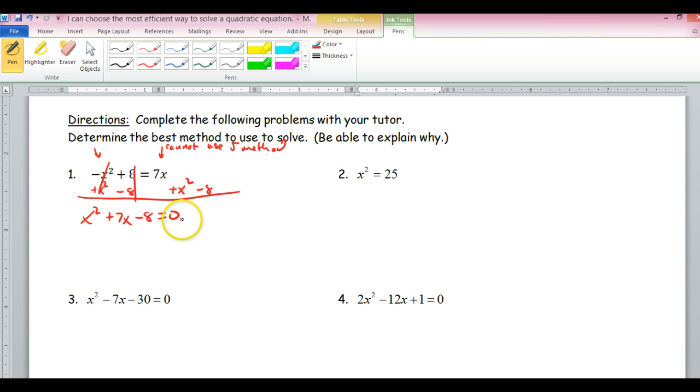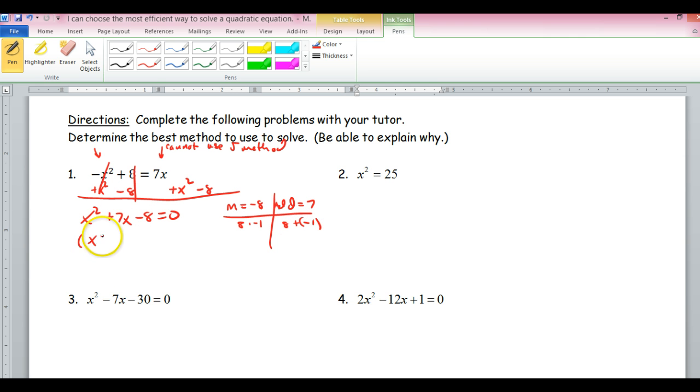Well, the quadratic formula is not hard, but it could be time consuming. So looking at this, the first thing I'm going to do is look to see if it's factorable. You don't even have to use the AC method. Do we know any numbers that multiply to give us negative 8 and add up to positive 7? Well, if I look, 8 times negative 1 and 8 plus negative 1 make that happen.